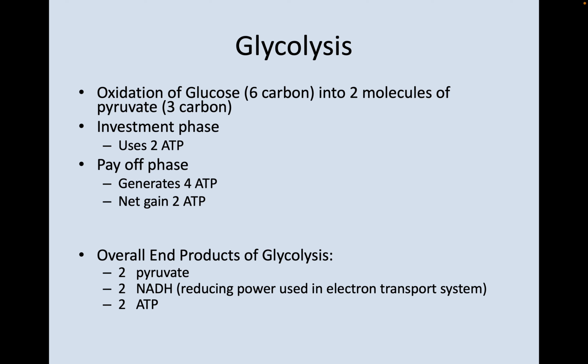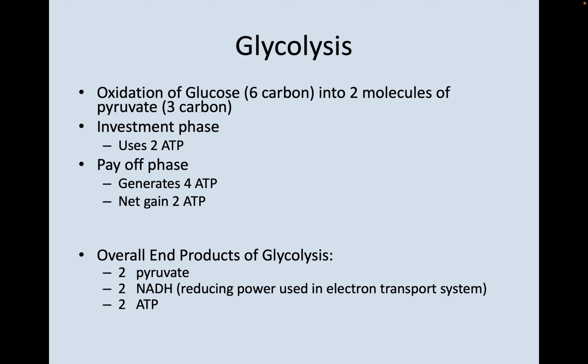And this is an investment phase. It does release some energy, but it also requires energy to happen. And so it actually costs the cell 2 ATPs to do this. But there's a payoff. It generates 4 ATPs, so there's a net overall gain from glycolysis of 2 ATPs.